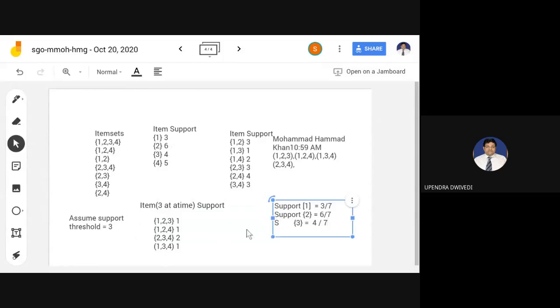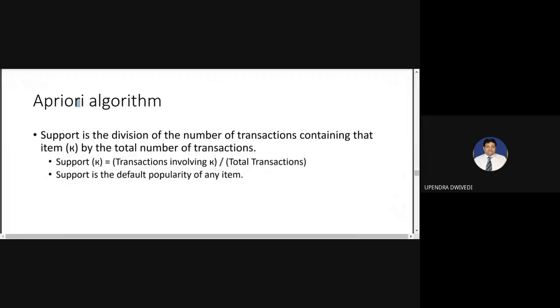If I calculate the support of each item, you can find that the highest support is of 2, which is 6 by 7, almost 80%. So the most popular item is 2. Suppose 2 is bread here and 1 is milk and so on. Then 2 has more popularity compared to other items. So when we get the support of any item, it also represents the default popularity of that item.